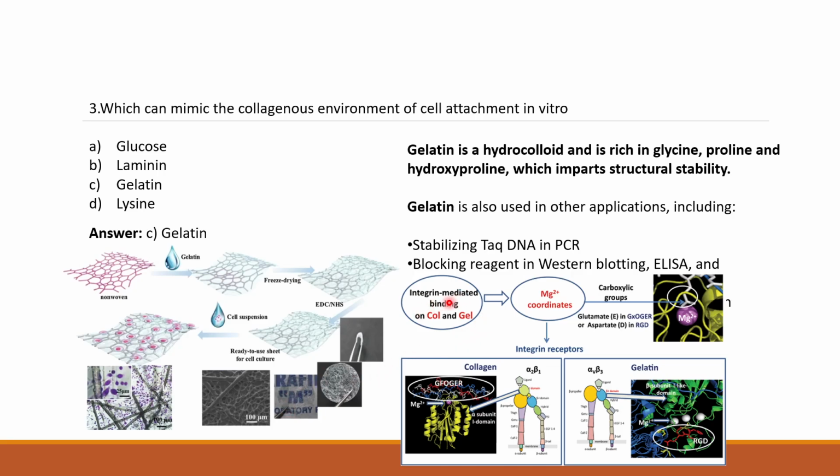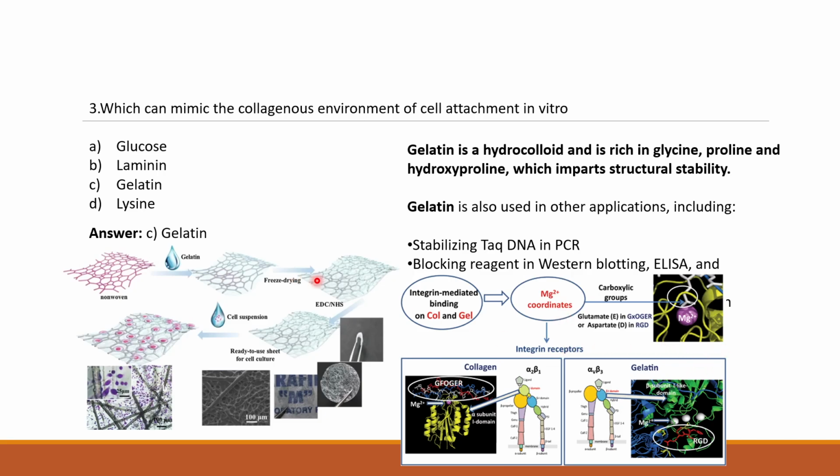So here you can see integrin-mediated binding of collagen and gelatin. This is your collagen, how it binds, and this is your gelatin, how it binds. Here your magnesium plays a very important role. It coordinates the bond formation between either your collagen gel or your gelatin and your cells.